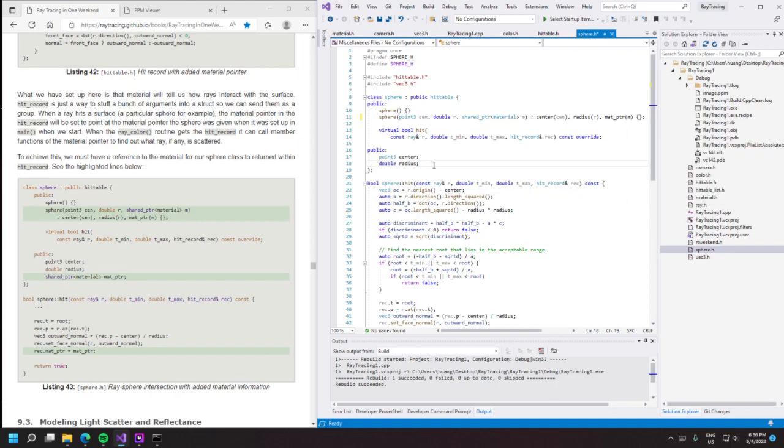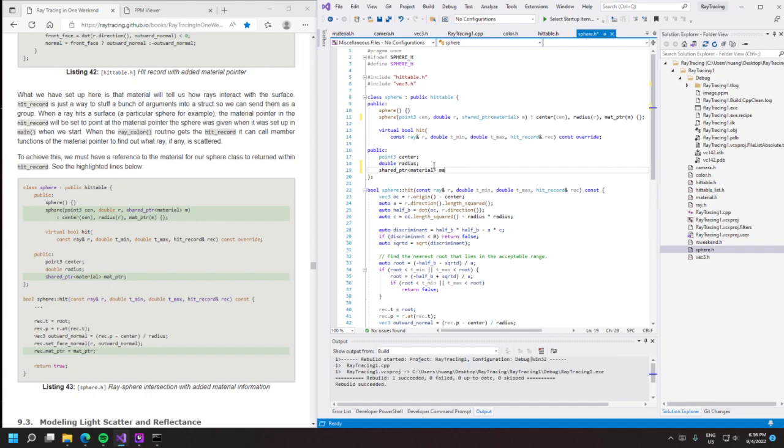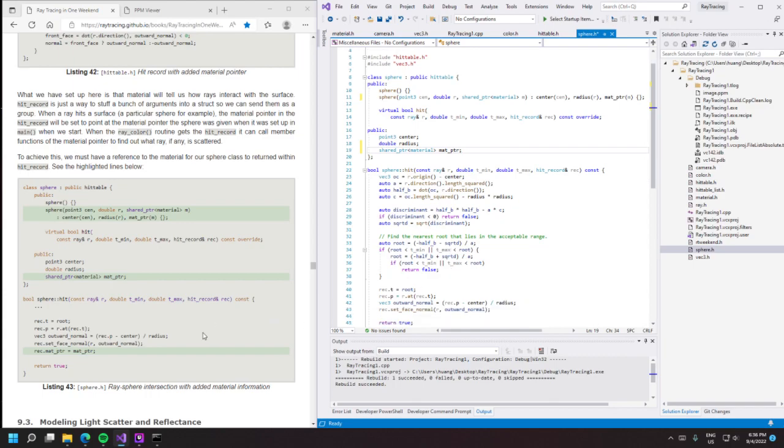And in the public part, we also have a new getter method for the material. And in the end, we include one more line that sets up the material to the pointer. Yeah, for now we're just including new things, nothing is very strange here.